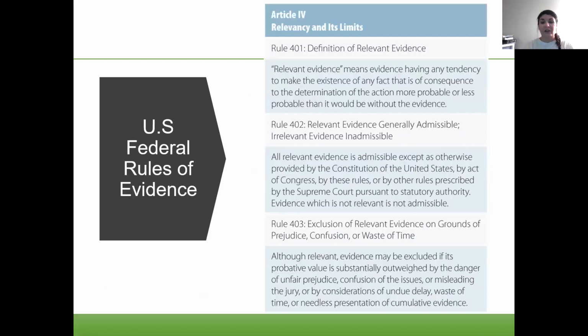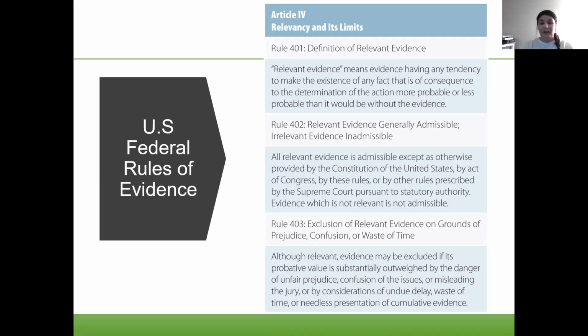And then they also have relevancy and its limits. The definition of relevant evidence means that the evidence has a tendency to make the existence of any fact that is of consequence to the determination of the action more probable or less probable than it would be without the evidence, which means relevant evidence supports the fact that they're trying to prove in court.